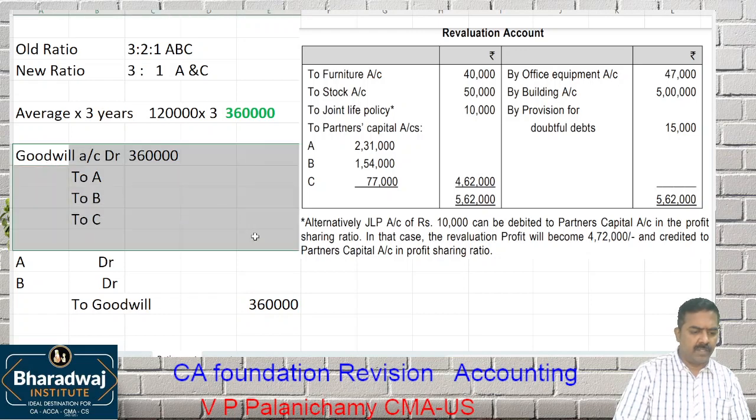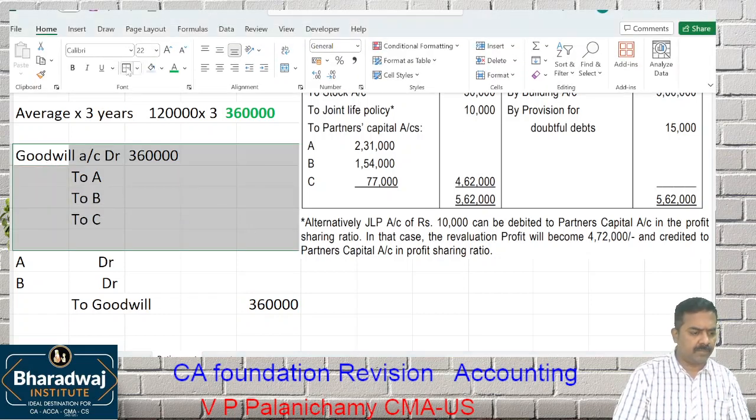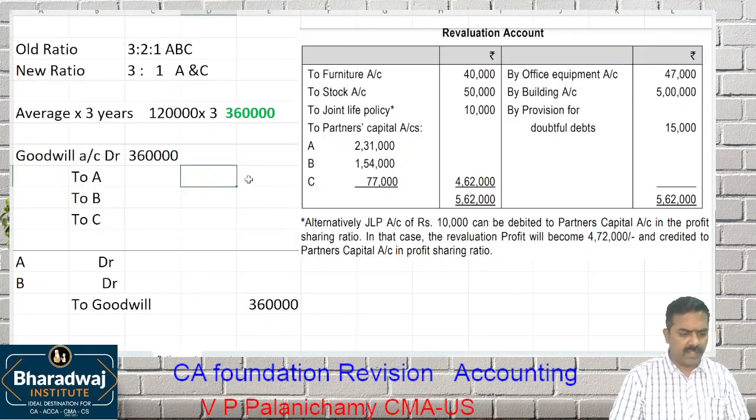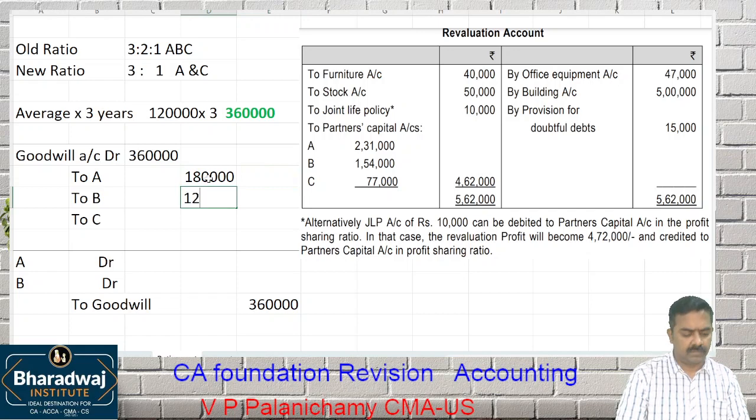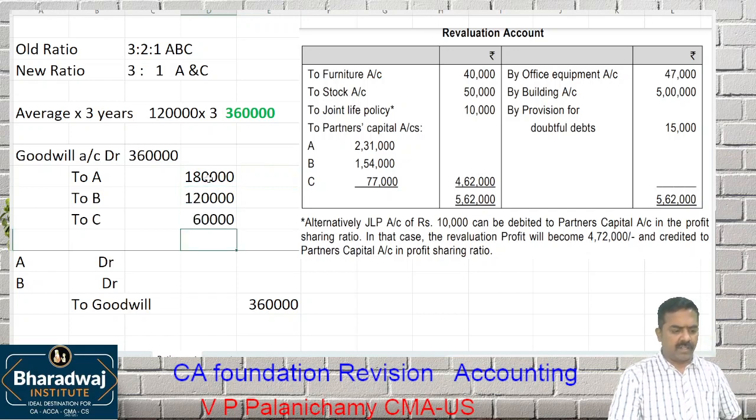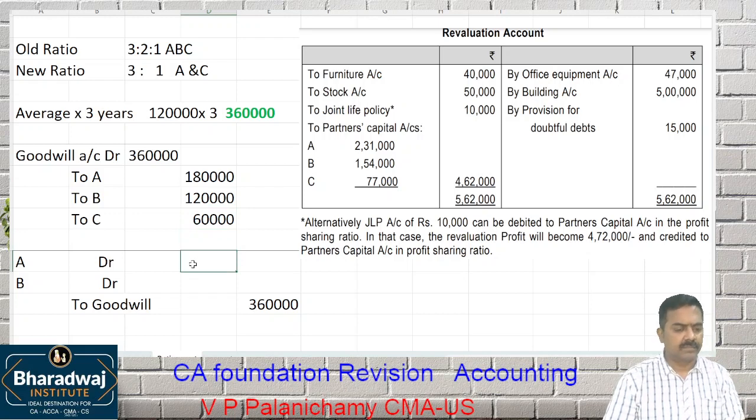How much will be credited to ABC? 1,80,000. Then 1,20,000. 60,000. When writing off, between 2,70,000 and 90,000.